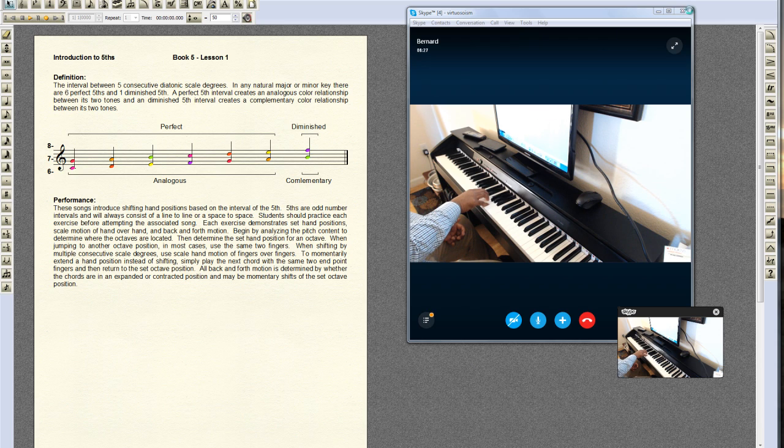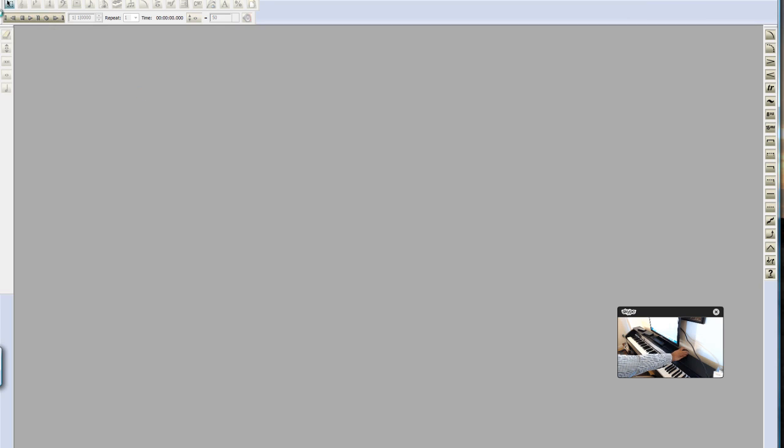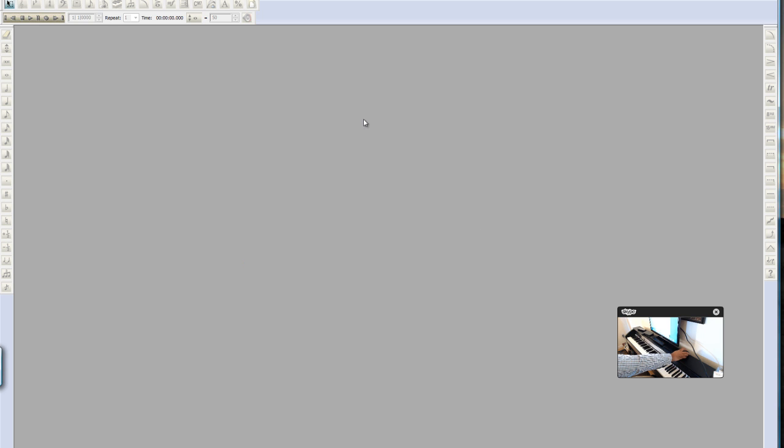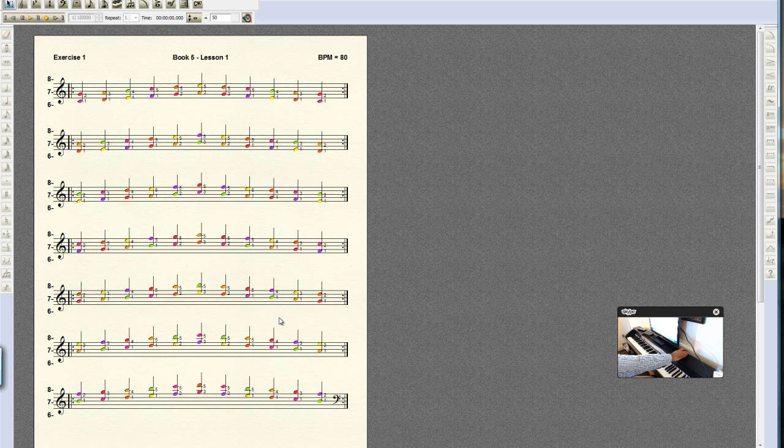So now let's close out that and let's go to exercise 1. Exercise 1 is going to be in the key of red or the key of C, either way. There's actually more than 1 page, but they're all the same thing.